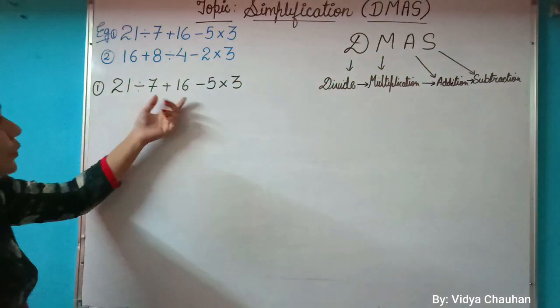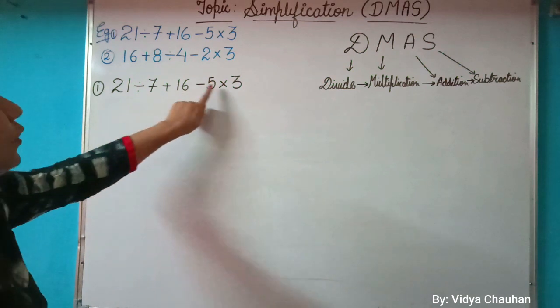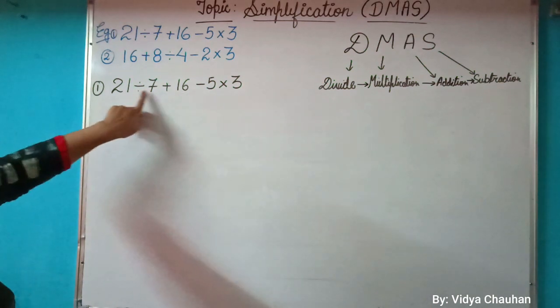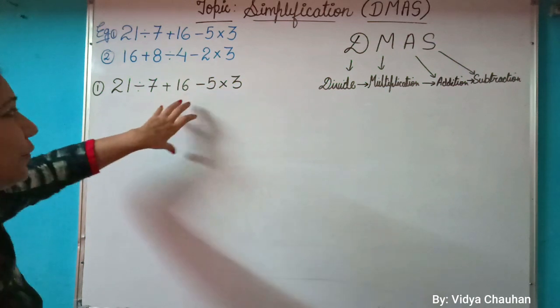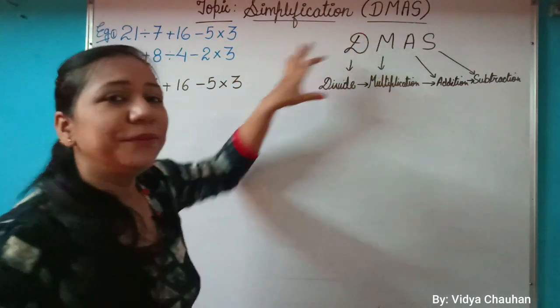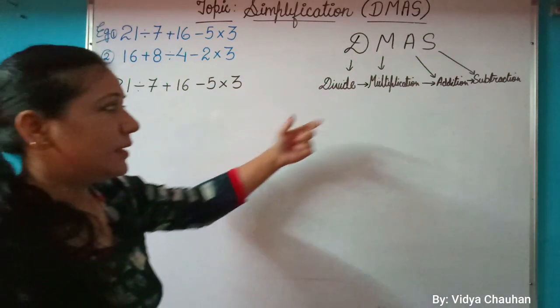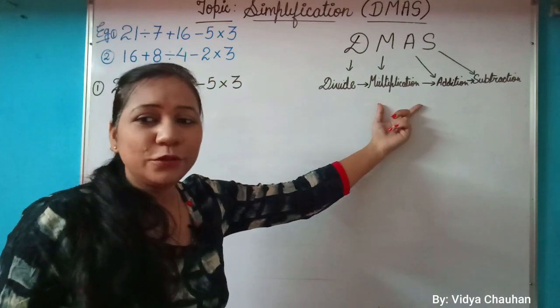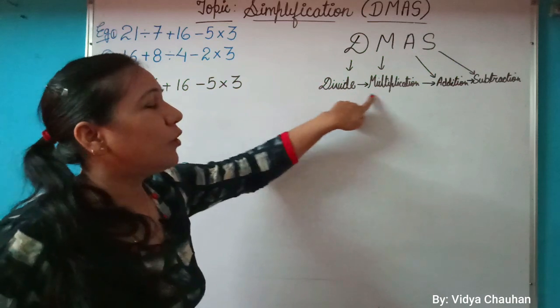Here we have all four operations: divide, add, subtract and multiply. If we did not have this rule, we would get confused about which operation to perform. But since we have a rule, let us solve according to it.